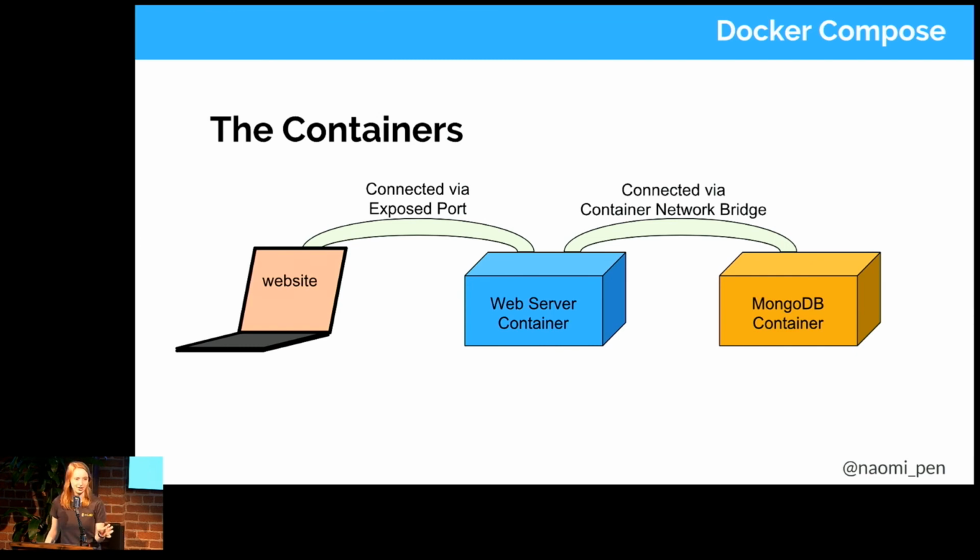The web server container is the one we've had previously in the previous example. And then we've got a laptop there where someone loads the website, which connects to the web server container over the exposed port. The laptop itself is not connected to the MongoDB container. That just separates concerns nicely because you don't really want people to connect to your database directly, probably.